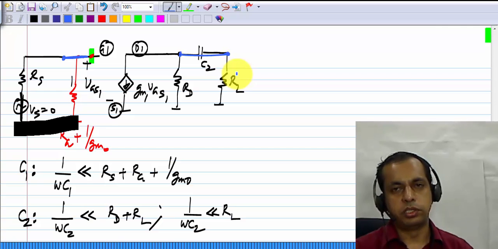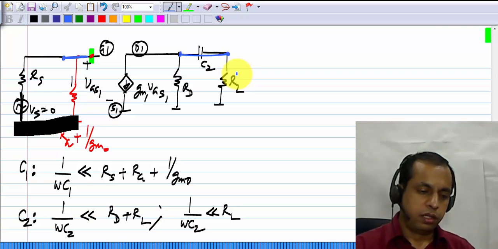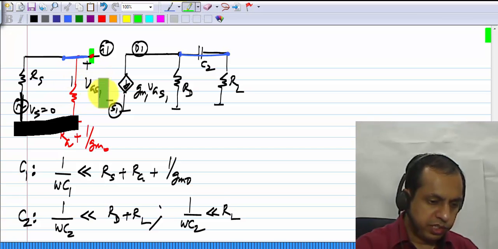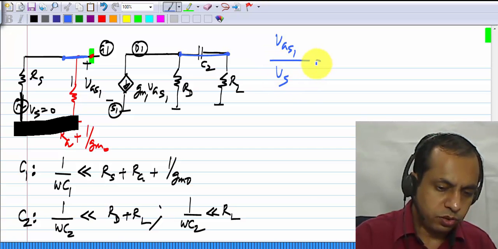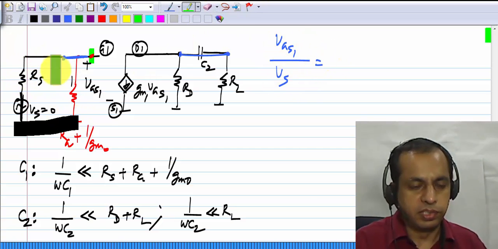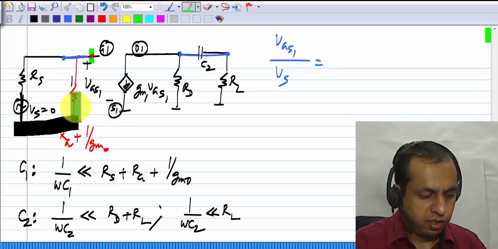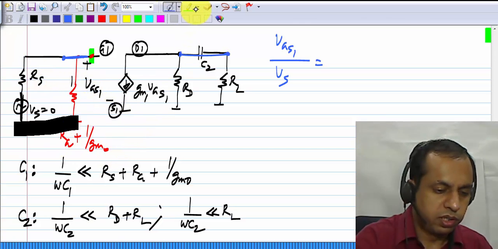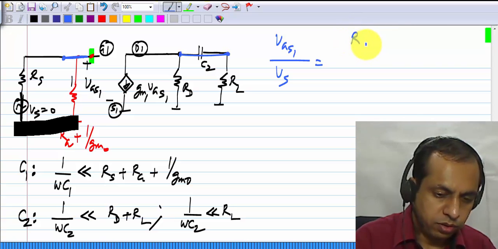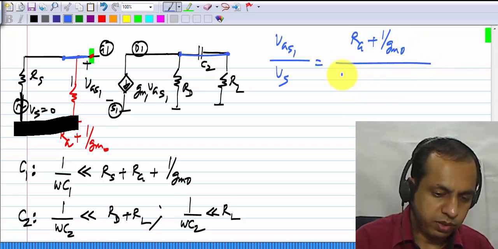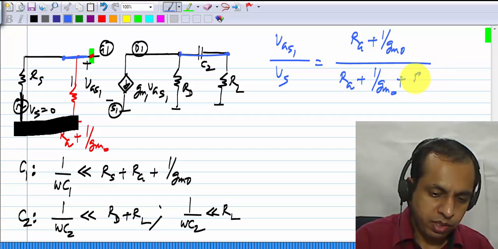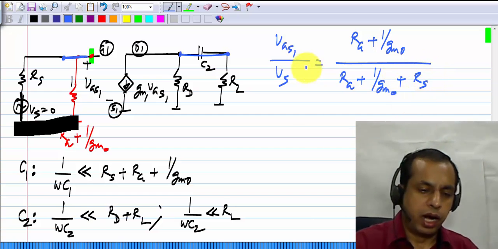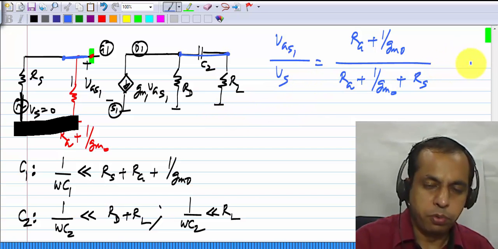They are replaced by short circuits. Then what is the voltage that appears as the gate source voltage here? We know that VGS1 by Vs is this resistive division. You have Rs here and this resistance Rg plus 1 over gm0. So this ratio is Rg plus 1 by gm0 divided by Rg plus 1 by gm0 plus Rs, and we want this to be approximately 1.